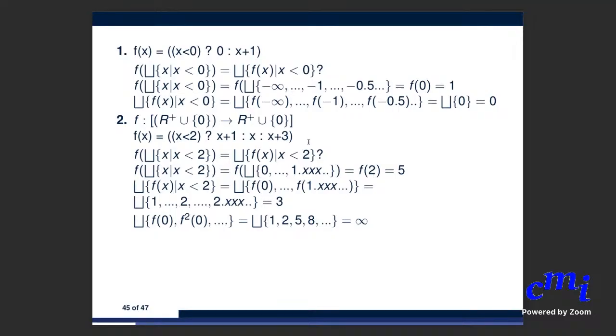But f of 2, at 2 there's a discontinuity, and therefore it gets 5. And when you apply f, each of them will be less than 2, and therefore they converge to 3.